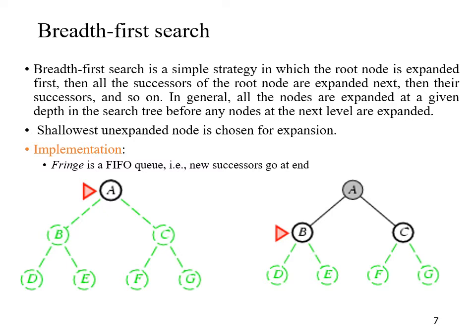So the shallowest unexpanded node is chosen for expansion. The last node which we have searched is the one we have to explore for the next level. Fringe is a FIFO queue, that is, new successors go at the end.